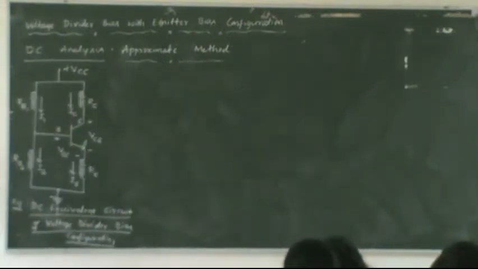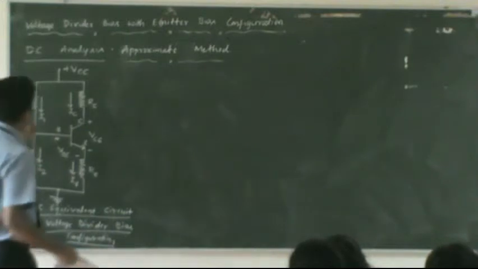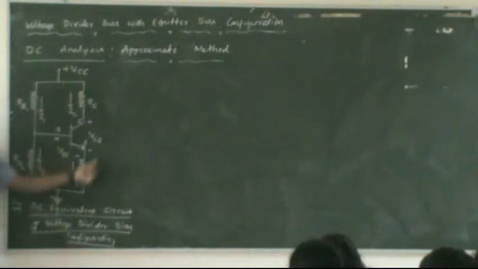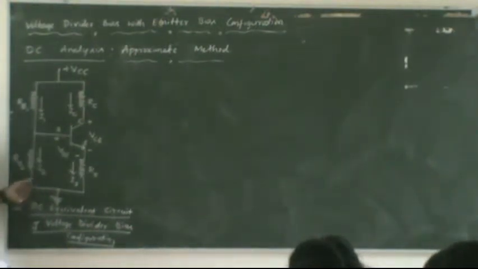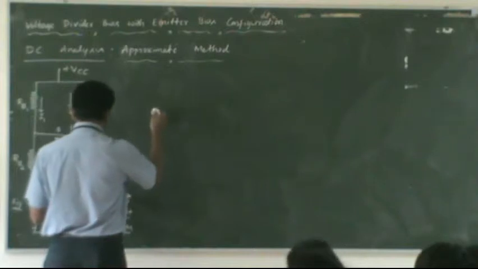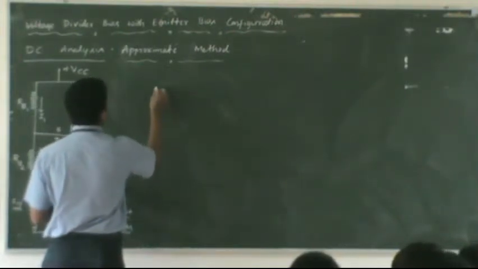Here you need to satisfy certain conditions. Again, in this approximate method also, we will not make any changes to the output section. The only thing is we obtain a modified circuit of the input section. Look at how we modify the input section. I am writing the input section in this way in the approximate method.